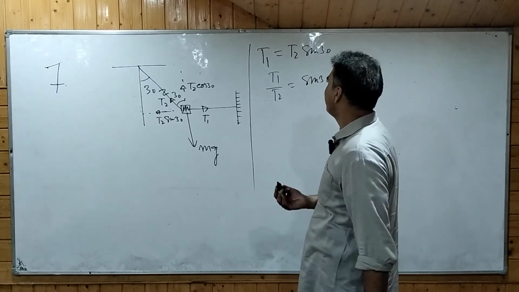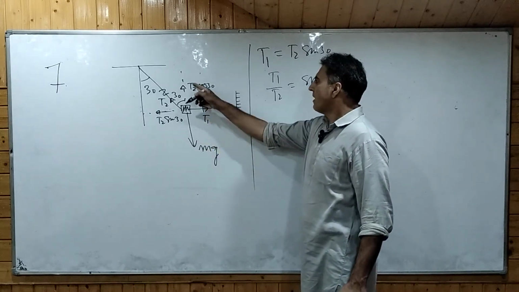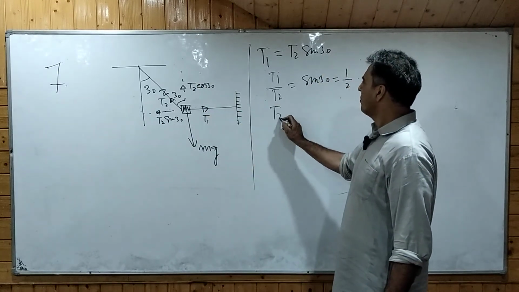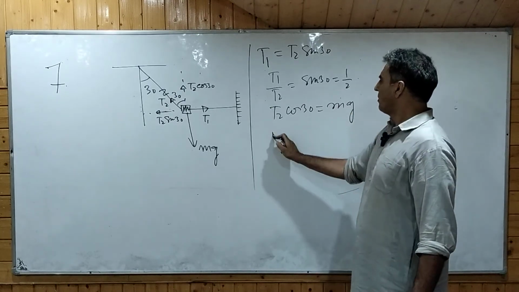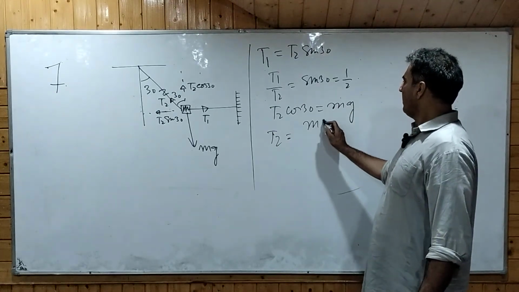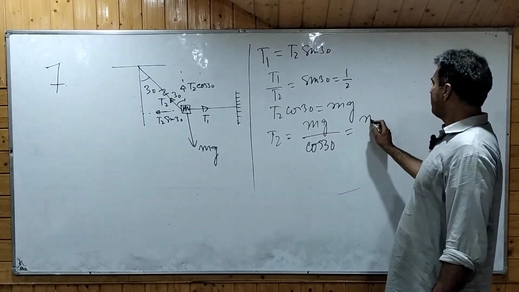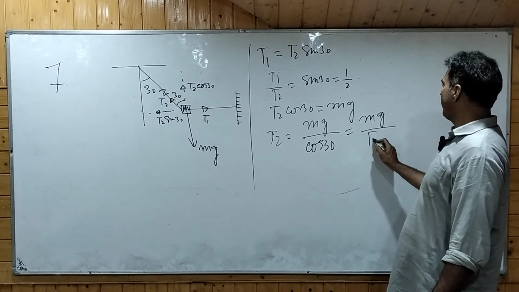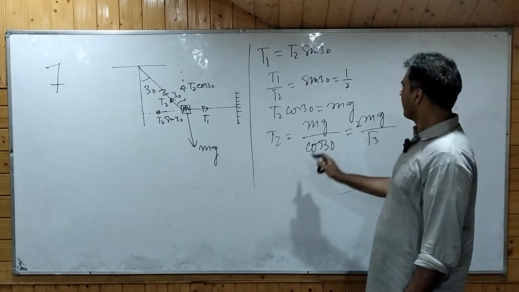You got the answer? And if you want T2 and T1 also, use the other equation, that is T2 cos 30 is equal to mg. So T2 is equal to mg by cos 30, that is mg divided by root 3 by 2. What about T1?